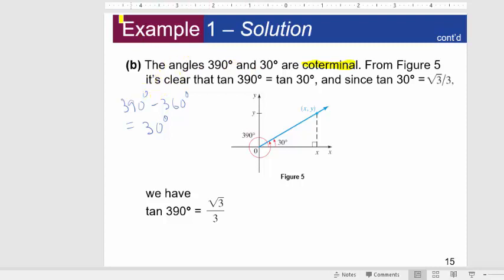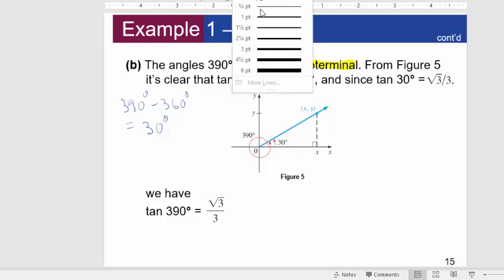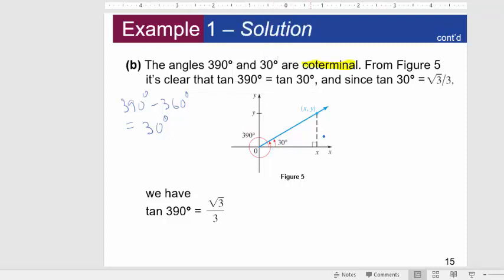And then again, from our special right triangles involving 30 degrees, when we set up the diagrams initially with our 30, 60, 90 triangles, we called this one the square root of 3 and this 2.